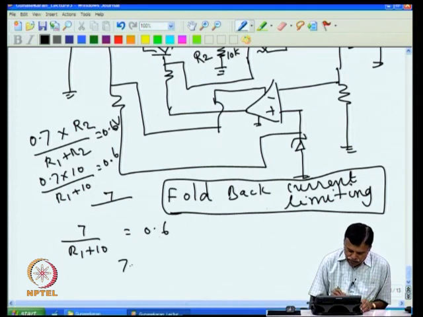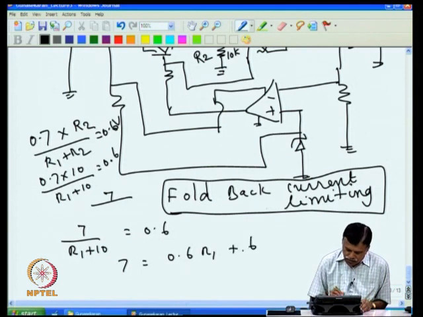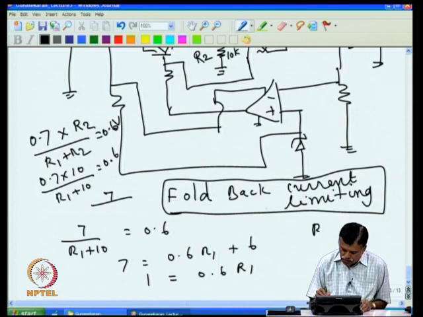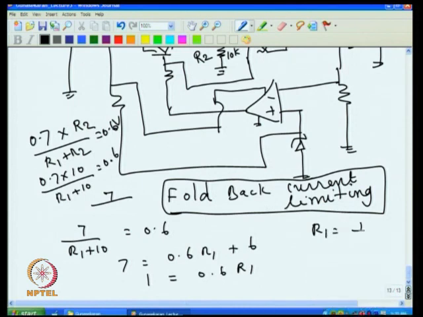So we can write 7 equal to 0.6 R1 plus 6. That will give you 1 equal to 0.6 R1. So R1 will be equal to 1 divided by 0.6, in kilo ohms, because we have taken everything in kilo ohms.